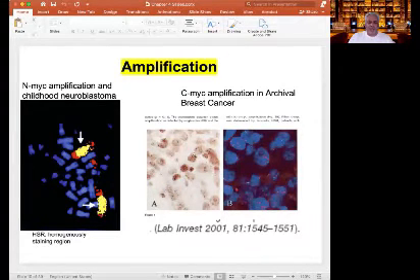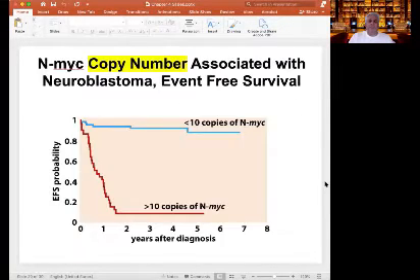And we can stain for that to see how many proteins we have of that gene product. And here we have normal cancer cells, and there we have the same cancer cells now being probed for amplification. And you can see in some of them, we have multiple spots lighting up rather than just two, indicating amplification.